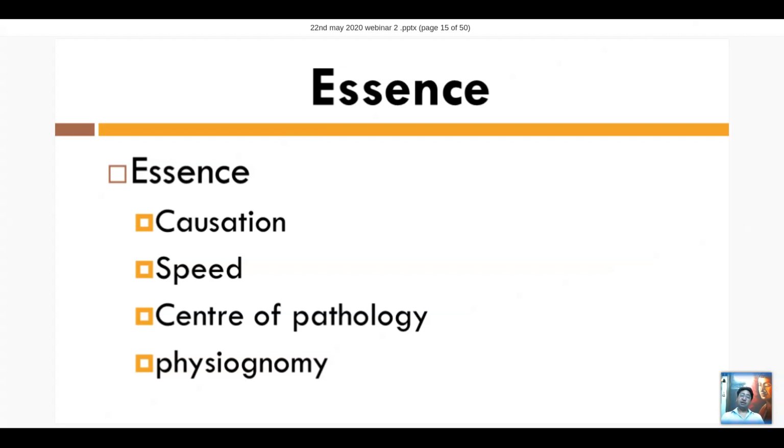And then when we go to the next, the center of pathology, the very famous and common example given most of the time is the three acids: acid phos, picric acid, and muriatic acid. We all know all three acids have peculiarities, but they have a different center of pathology. Center of pathology means the area in which the first symptoms come.